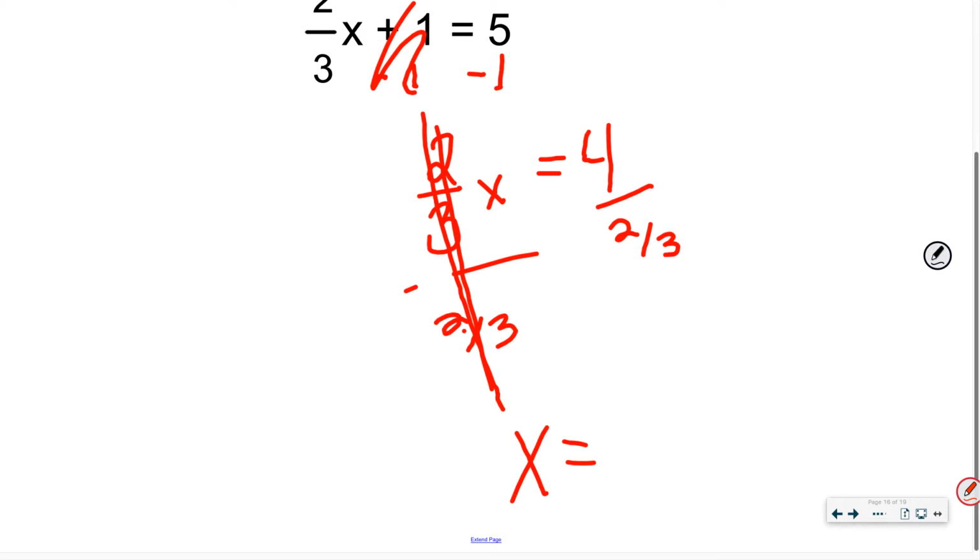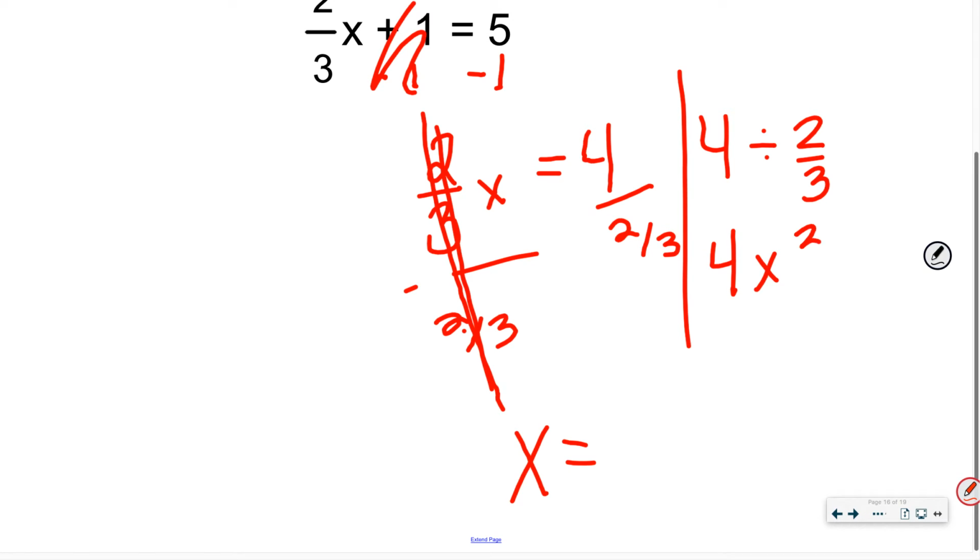Now on this side, I need to do a little bit of work. I have 4. I use fractions a lot to represent division when I'm dealing with equations, but we're going to switch that. 4 divided by 2/3. Knowing what we know about fractions, how would I divide 4 by 2/3? Manny. 4 times 3/2.